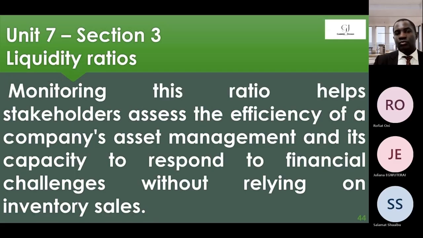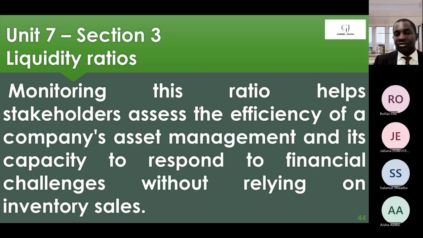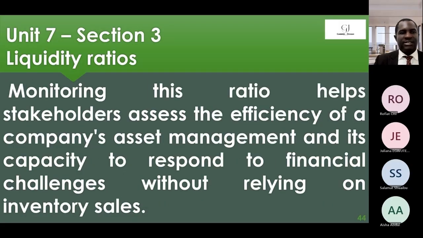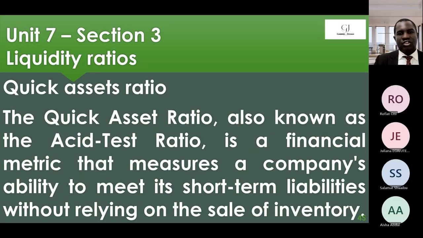So as chartered accountants, we need to monitor this ratio to help the stakeholders and management assess the efficiency of the company's asset management, especially the current assets and its capacity to respond to financial challenges without relying on inventory sales. So excluding inventory sales is very important in assessing this ratio.